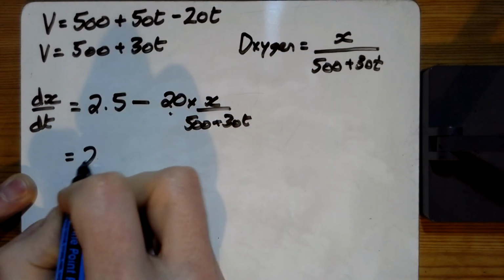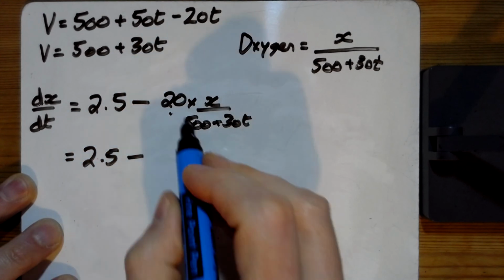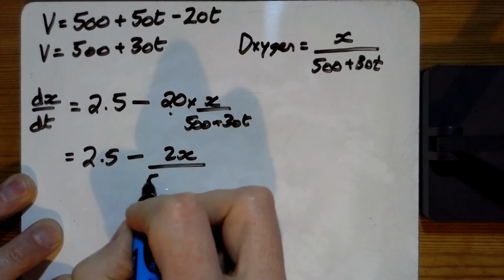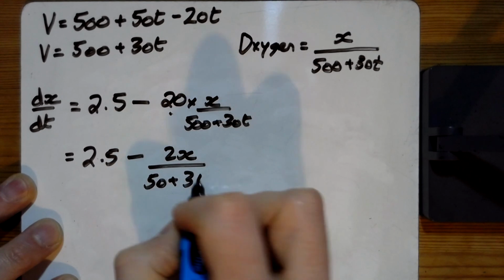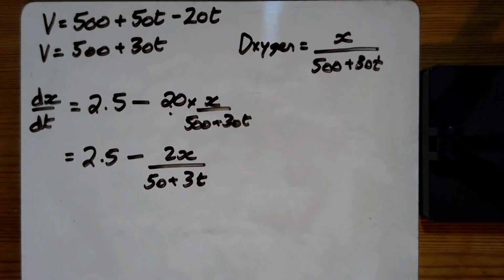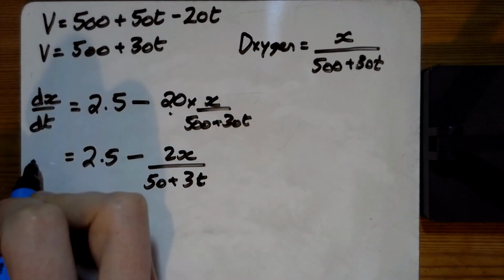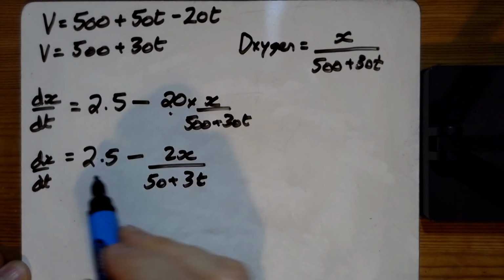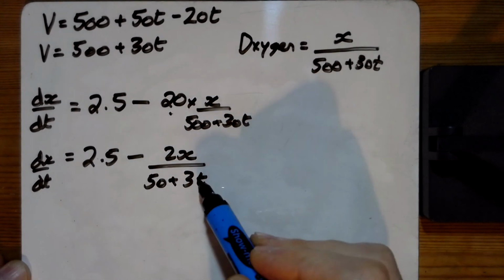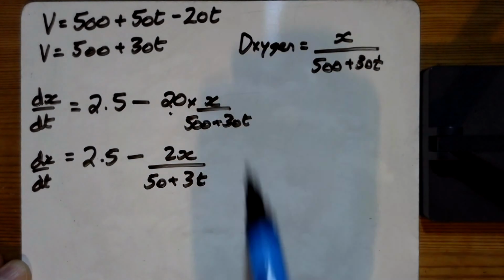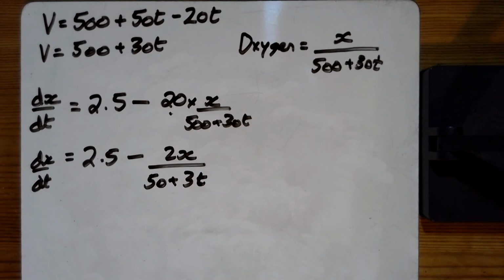So I've got 2.5 minus 2x divided by 50 plus 3t, cancelling a 10 on both sides. And that is what we were trying to show. So it's how much is going in, take away the bit coming out, and the bit coming out was more complicated because we had to think of it as a proportion of the whole thing.